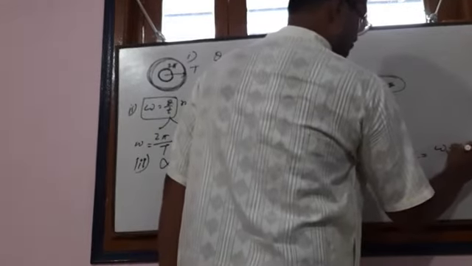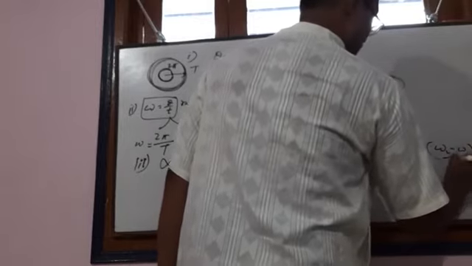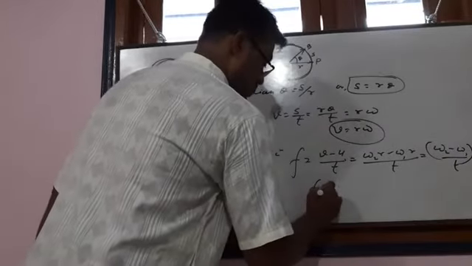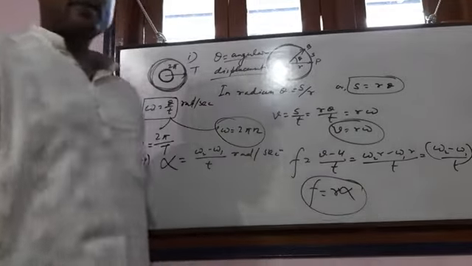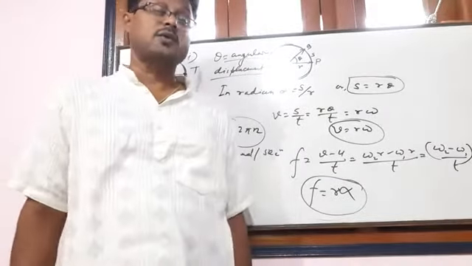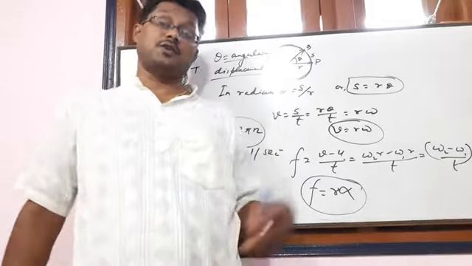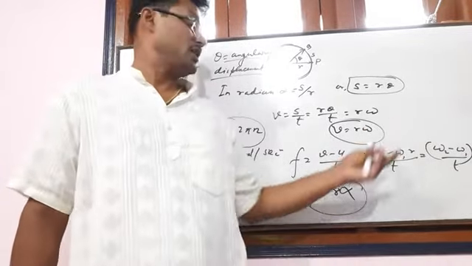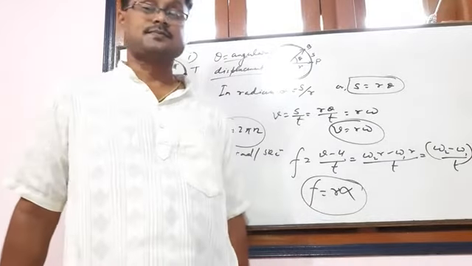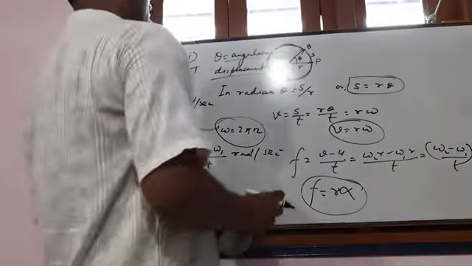So omega 2 minus omega 1 into r by t, that is f equal to r alpha. So everywhere we find one relation, that whenever a radius vector is introduced, it turns to the linear one. Now the kinematical equations.